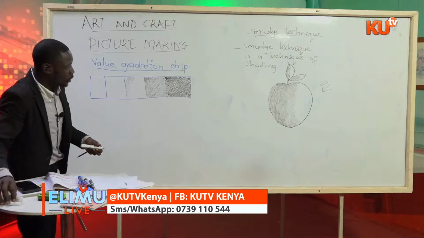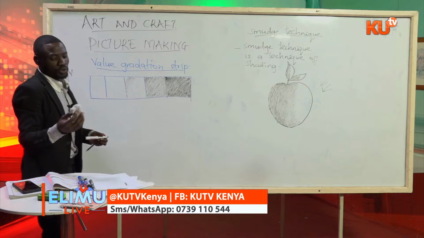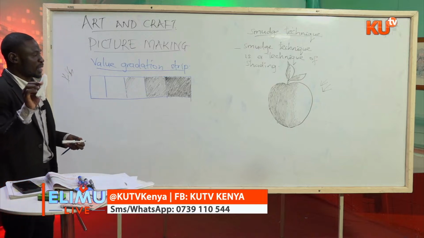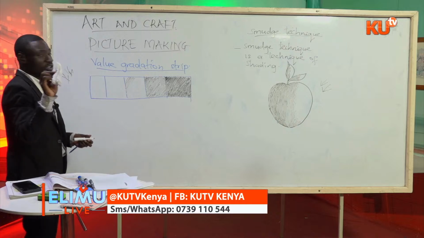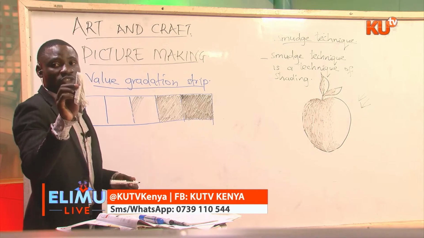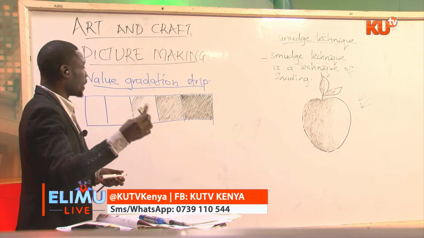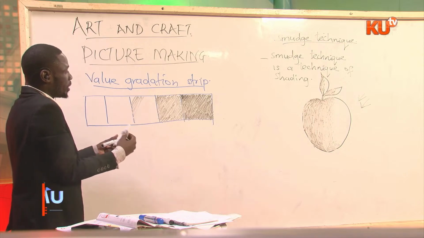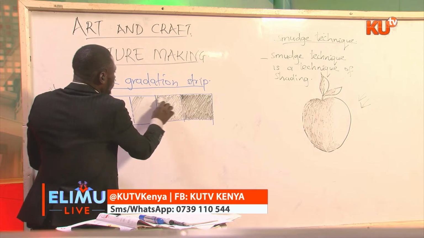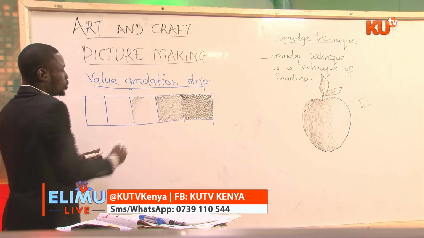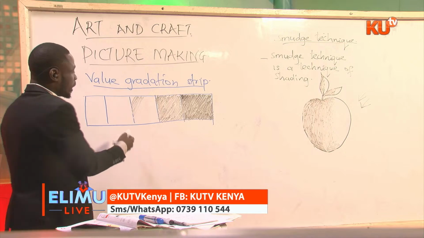As we shade, we can use a soft paper like this one. This is a tissue paper. We can use a soft paper to make it appear blended. But for my case right now, I'm using this surface.